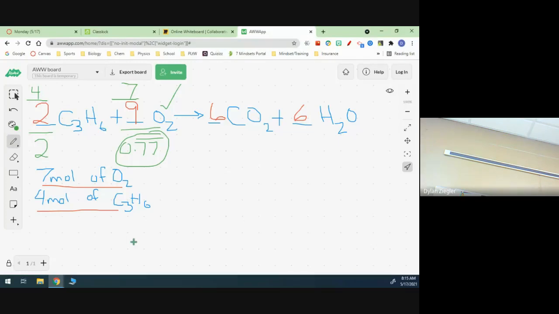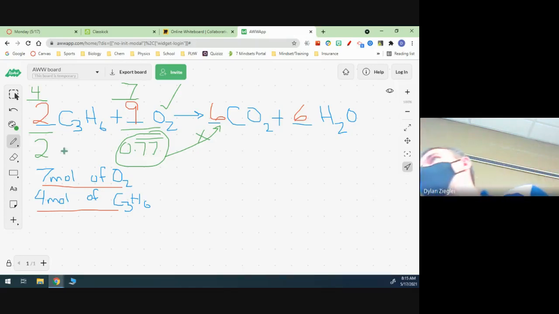Yes. Good. I'm going to take this limiting reactant number right here, 0.77 repeating or 0.78, depending on how you round it, and multiply it by the coefficient. So I do 6 times this number. That's going to tell me how much carbon dioxide is made.